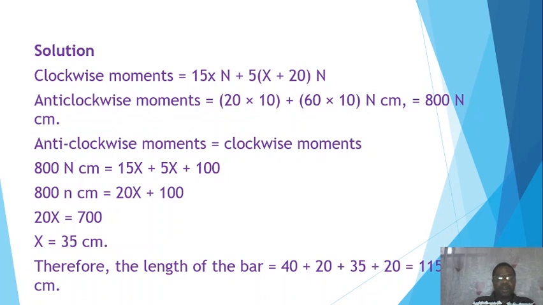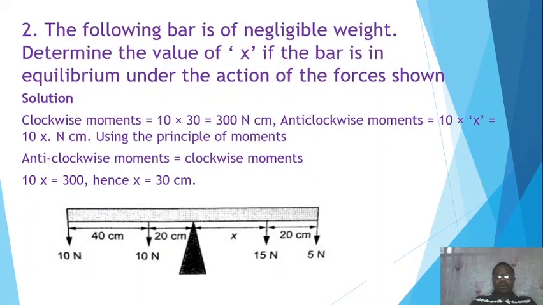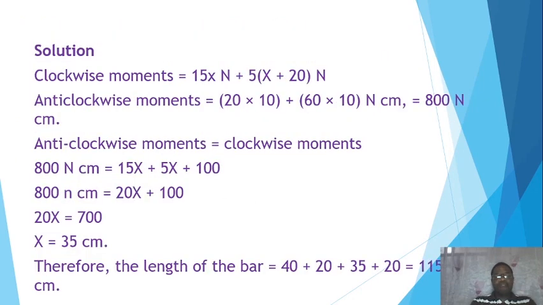Therefore the length of the bar is going to be 40 plus 20 plus 35 plus 20, giving us 115 centimeter. So the value of x is 35 cm, while the length of the bar is 115 centimeter.